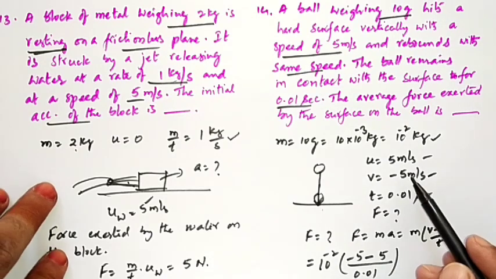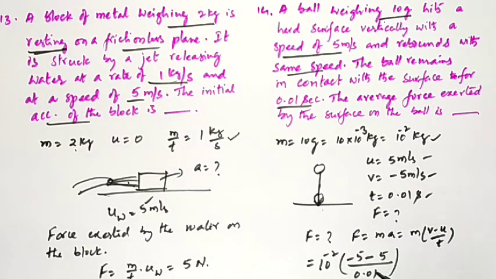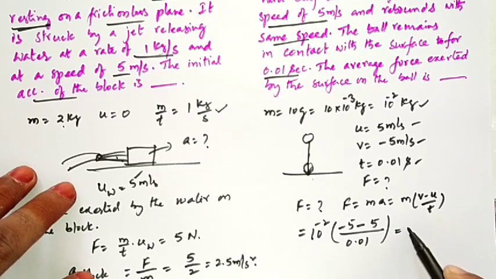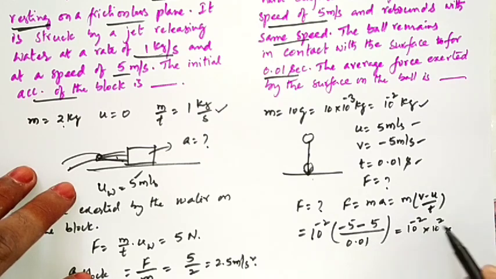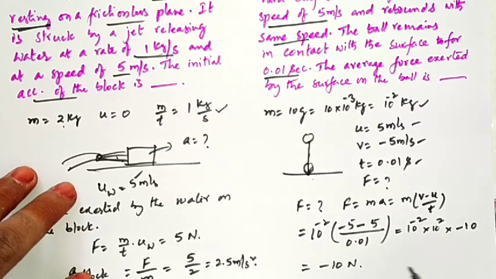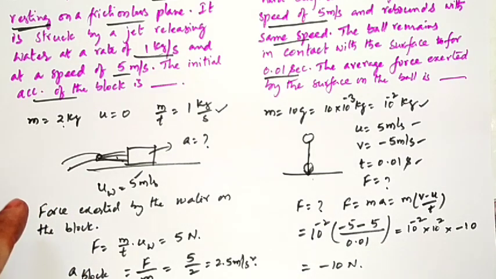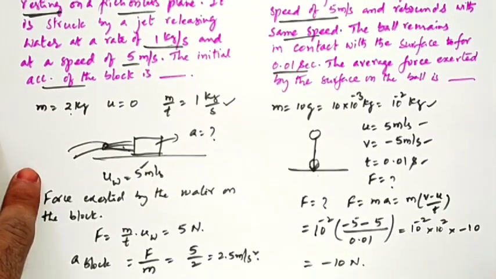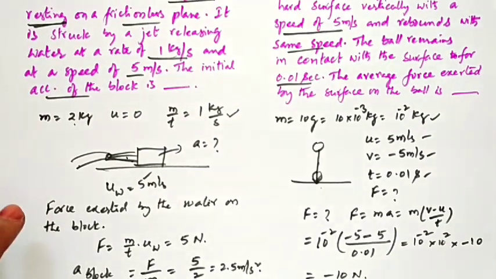See, if you take this as plus 5, you will get 0. Yes or no? Be careful. Now let us simplify this. That is 10 power minus 2, and you can write this as 10 power 2 into minus 10. So how much is the force? Minus 10 Newton. This is the force applied by the surface on the ball. Clear? Let us see another problem.